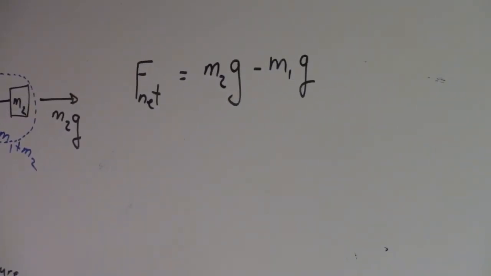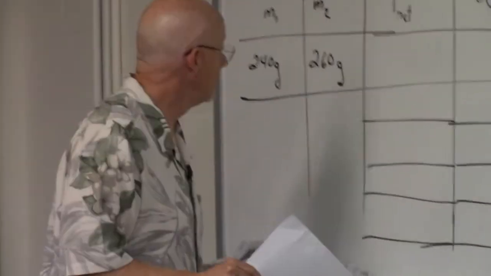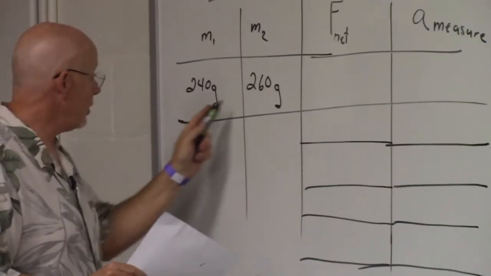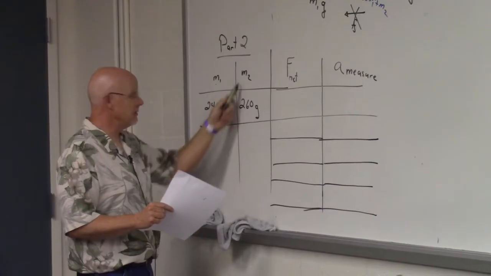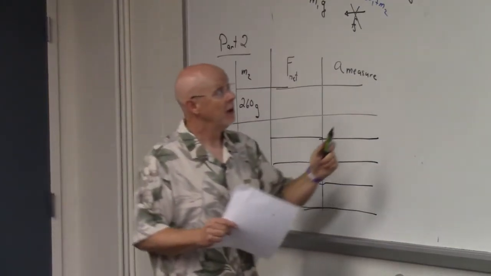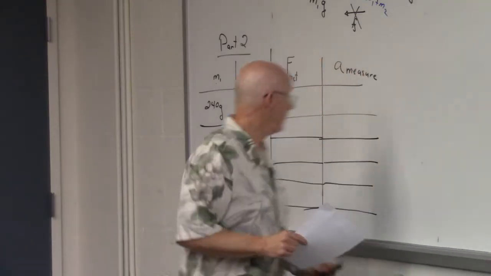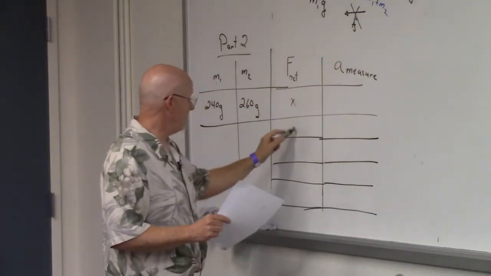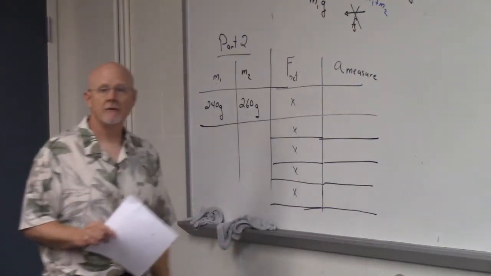And so I'm going to ask you to pause this video in a second and take your masses. Here's number 1, here's number 2. Put them into this calculation and then fill out these 5 net forces.